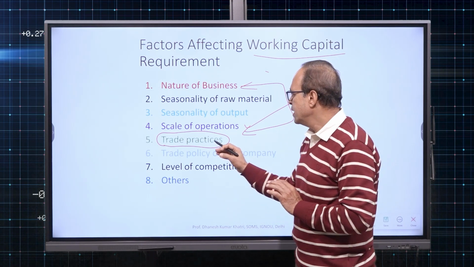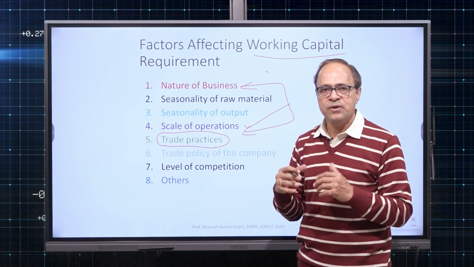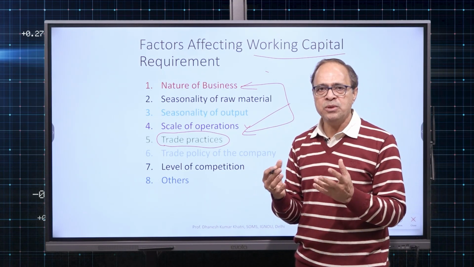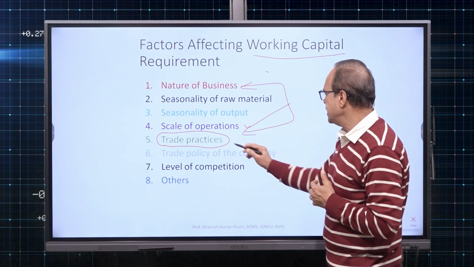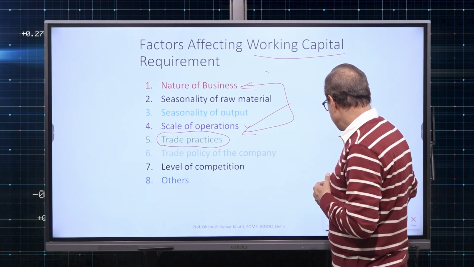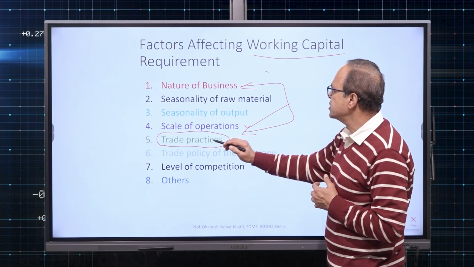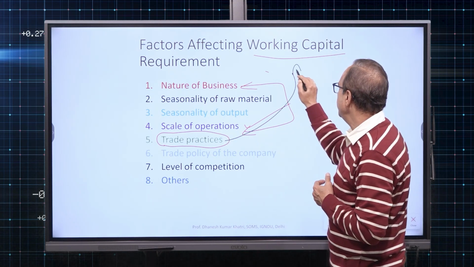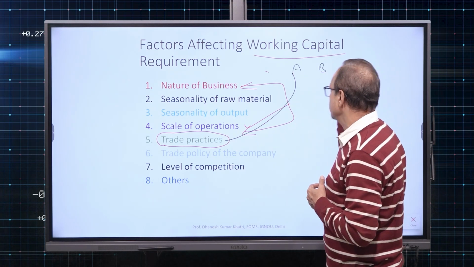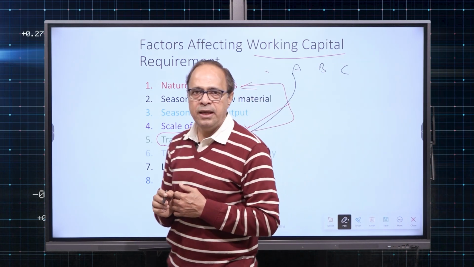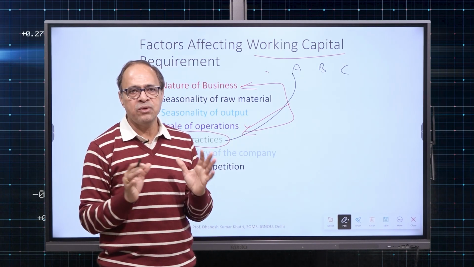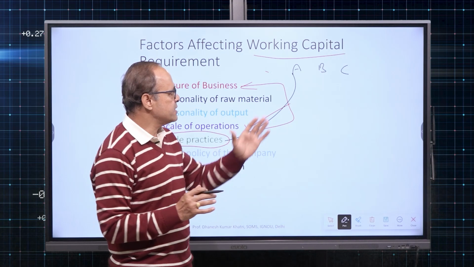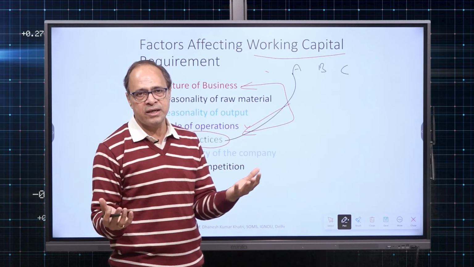So, in that way, trade practice, what kind of credit policy you have, how much credit you give to the customer. Similarly, a company might design a policy in which they categorize the customers into different categories: A category customers, B category customers and C category customers. A category customers are the ones who are prompt in paying the money. They never delay, never default. Whereas C category might delay, might default also.